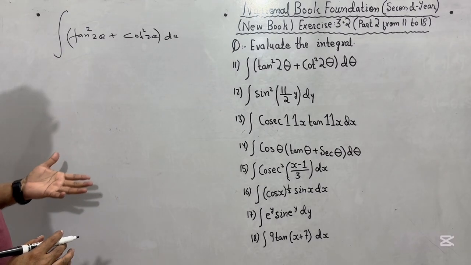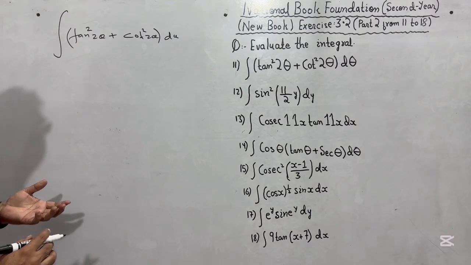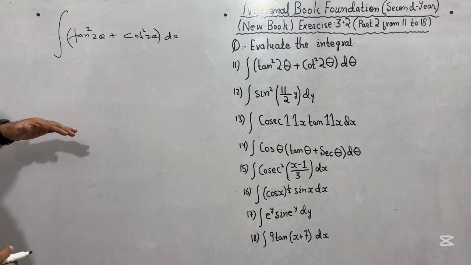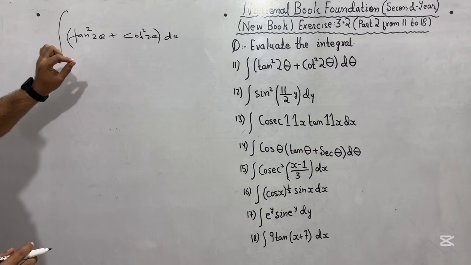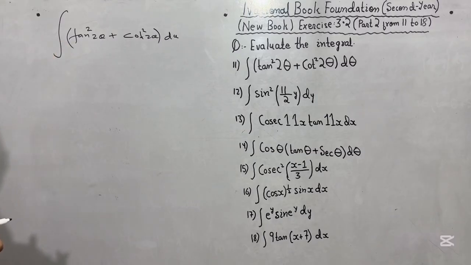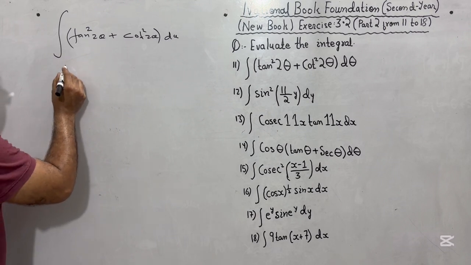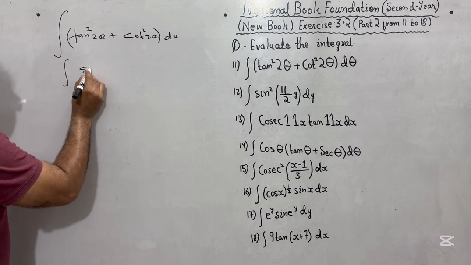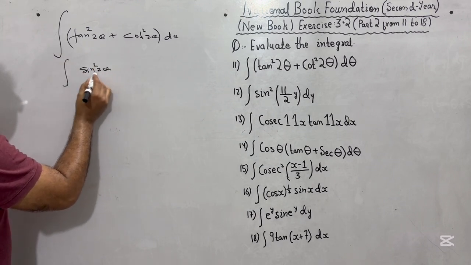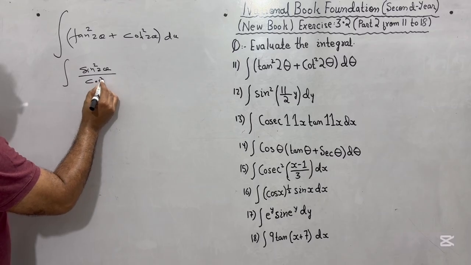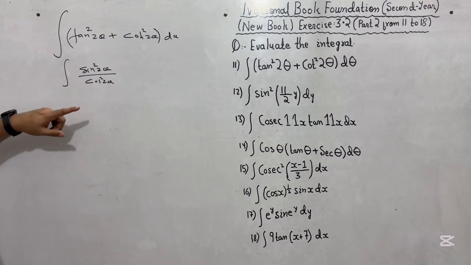Try to convert them by utilizing identities into functions where it is a direct differentiation of something. Your first thought might be tan square is given by sin square over cos square. But hang on.